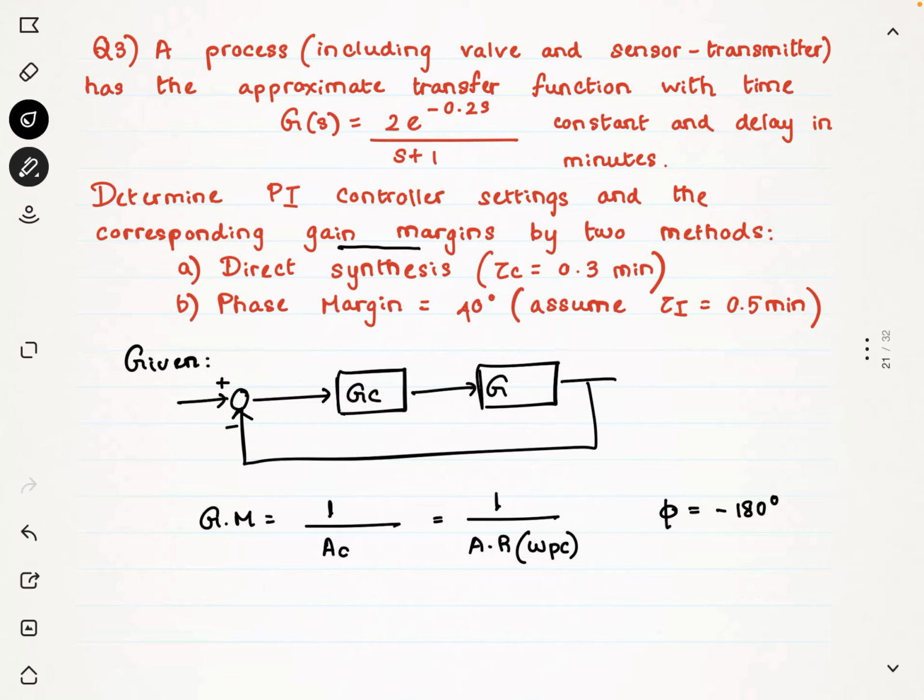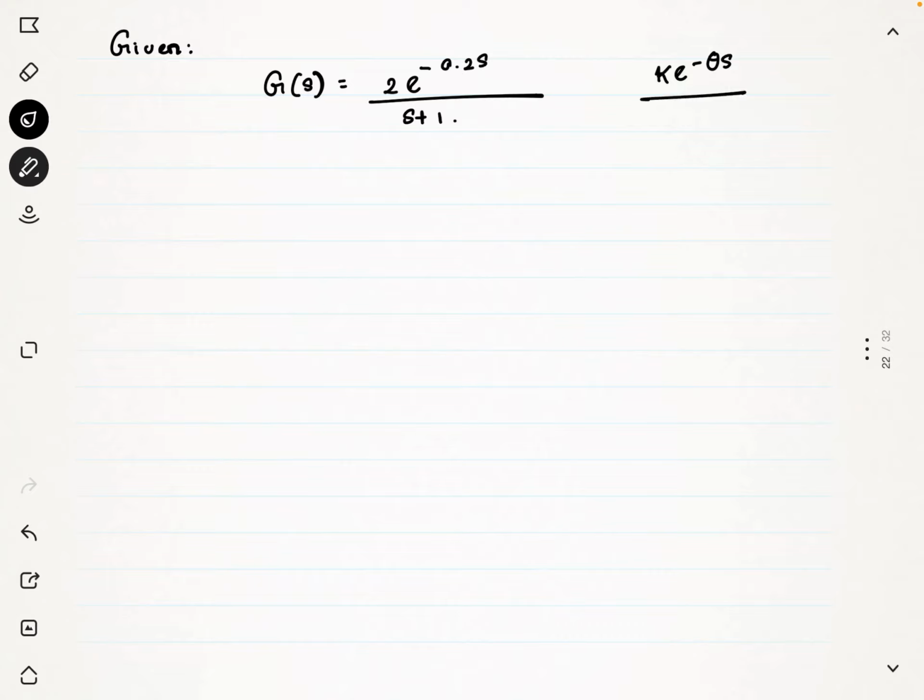So let's see how to solve the problem here. Yeah, so given, we have the transfer function g of s is 2 into e power minus 0.2 s by s plus 1, and if we compare it with the first order e power minus theta s by tau s plus 1, we see that the process gain k is equal to 2, and the delay theta is equal to 0.2, and tau is equal to 1.